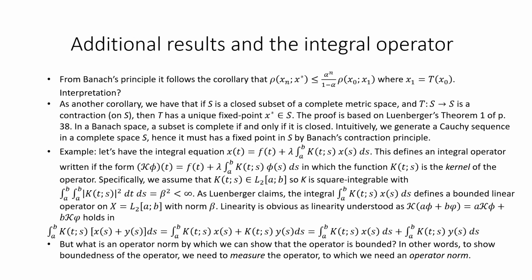So first of all, what does it mean if we have a bounded operator? If we say an operator is bounded, then we are supposed to have a way to measure the operator. So we need an operator norm. In the next step, we will understand what operator norms mean.